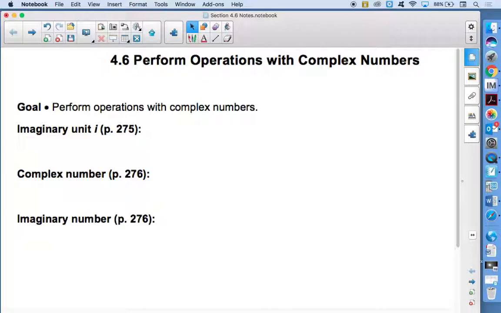I believe it's page 27 in your packet. On page 27, it talks about the imaginary unit i.